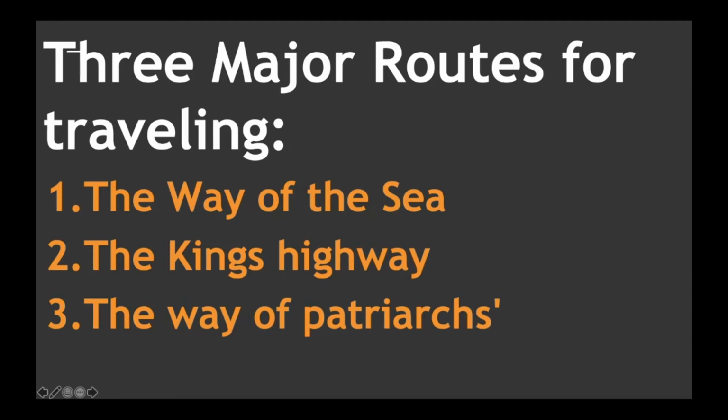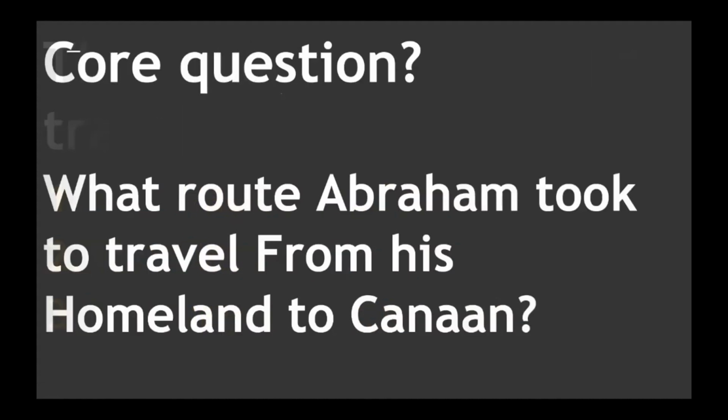The Via Maris goes from east to west. The King's Highway goes from north to south, and the Way of the Patriarchs is inside the Holy Land. Now, the core question here: what route did Abraham take to travel from his homeland to Canaan?